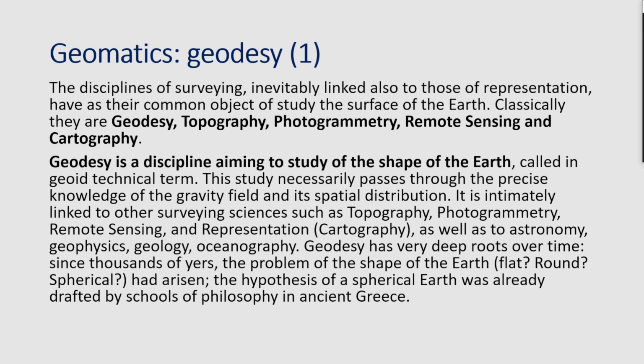This study necessarily passes through the precise knowledge of the gravity field and its spatial distribution. It is intimately linked to other surveying sciences such as topography, photogrammetry, remote sensing, and representation, cartography, as well as to astronomy, geophysics, geology, oceanography.